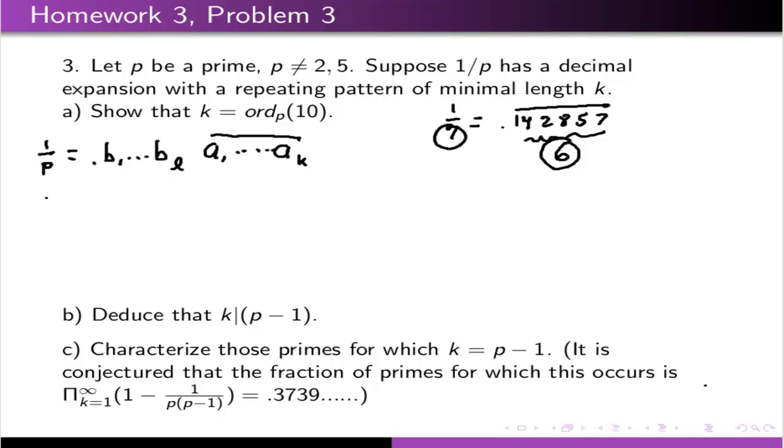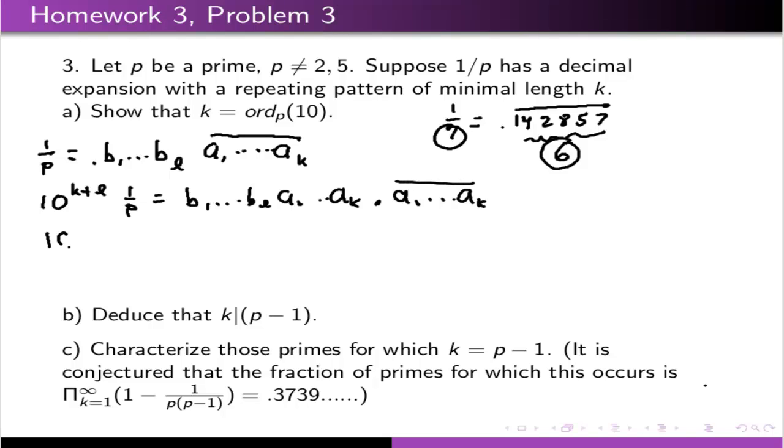So if I multiply by 10 to the k plus L, I get this decimal number point, the repeating cycle. And if you multiply by just 10 to the L, you get the initial part, point, the repeating cycle.